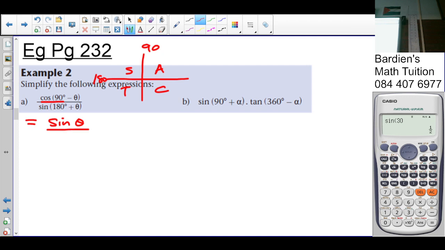Over. 180 plus, which quadrant is that in? Third quadrant. Sine positive or negative? Negative. Sine. Or must I change that to cos theta? No. When does it change? 90 and 270. That's the only time it changes. So that cancels. Leaves you with?